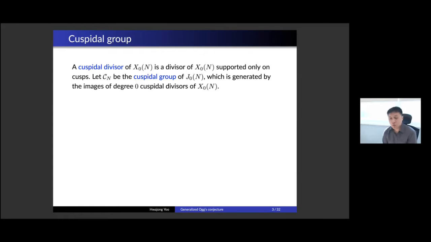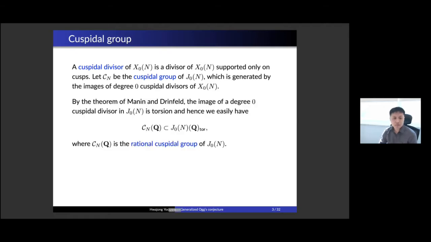This is the motivational question in this talk. And well, historically, one natural candidate is the cuspidal group. A cuspidal divisor of X_0(n) is a divisor supported only on cusps, and let C_n be the cuspidal subgroup of J_0(n). This is generated by the images of degree 0 cuspidal divisors of X_0(n).